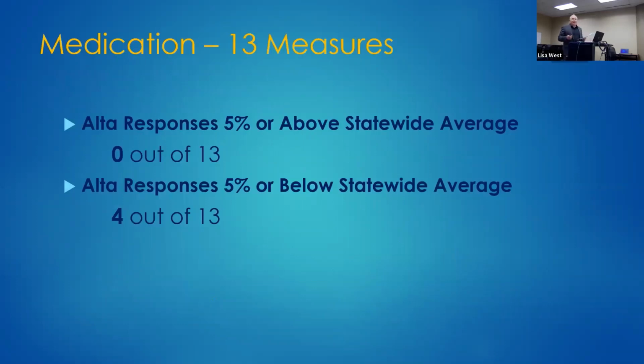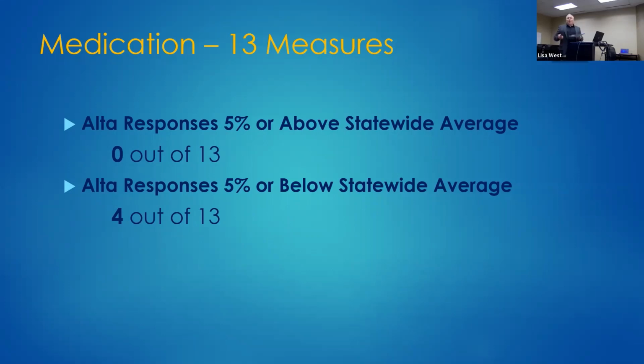This next measure is an interesting one, and I'm not going to be dismissive of what the data was reporting to us, but I do want everybody to consider it with an open mind. So with the 13 measures looking at medications administered or taken by clients, Alta had 0 out of 3 where we were above the statewide average, and 4 where there were identified areas of improvement.